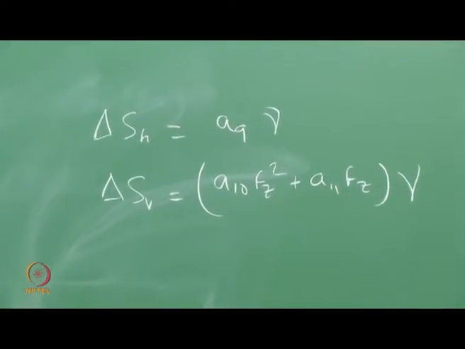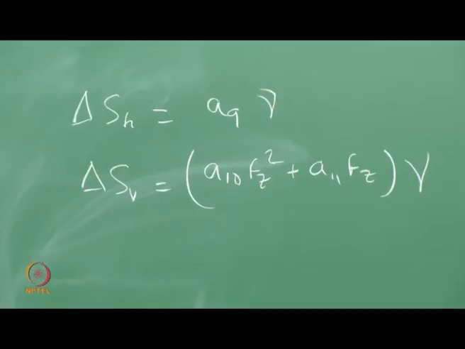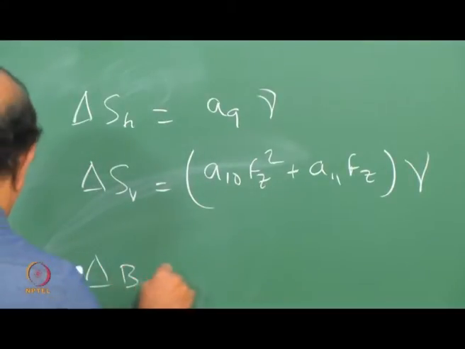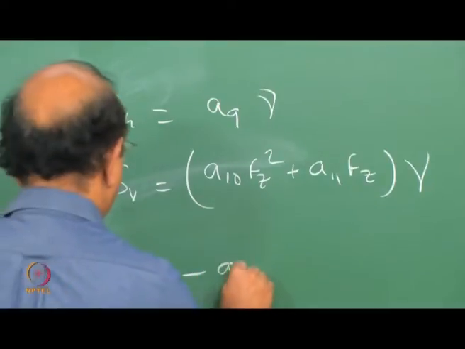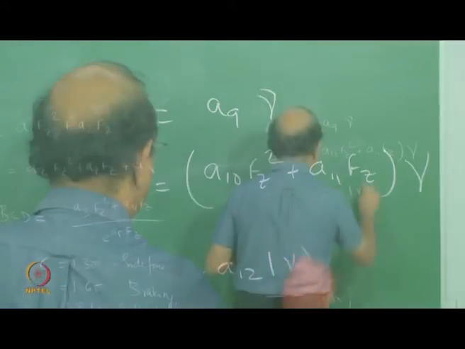And the change in stiffness, delta B, is also obtained with delta B gamma.